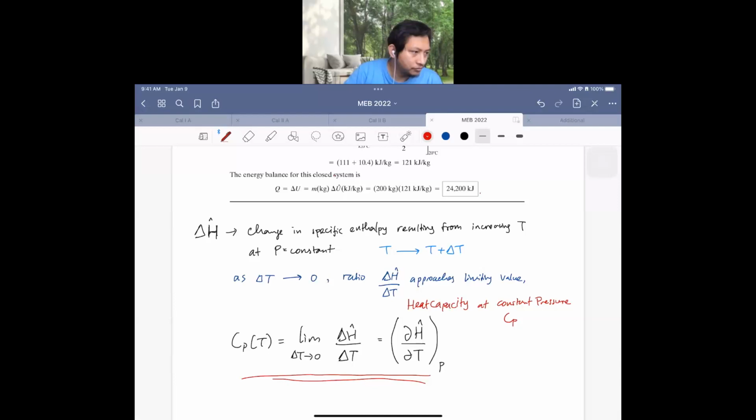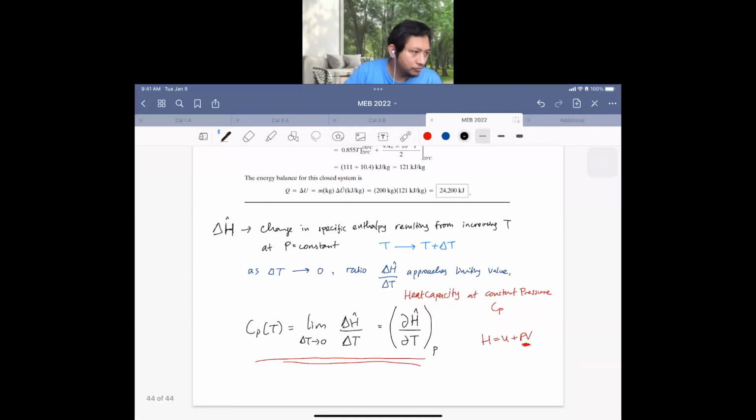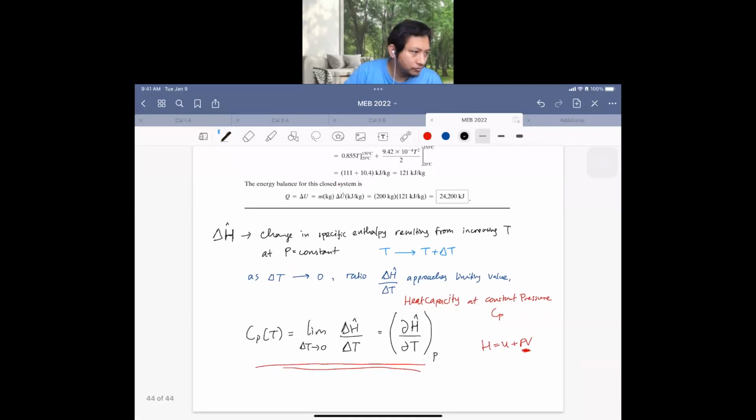You could get the idea and imagine what the connection is between the enthalpy and internal energy. You can remember this is the connection, so we have the plus P and V, right?